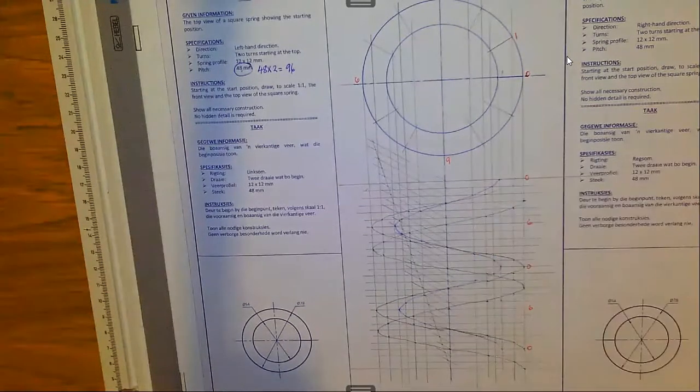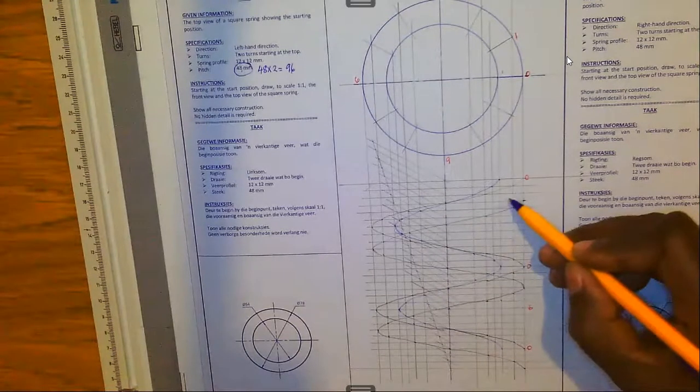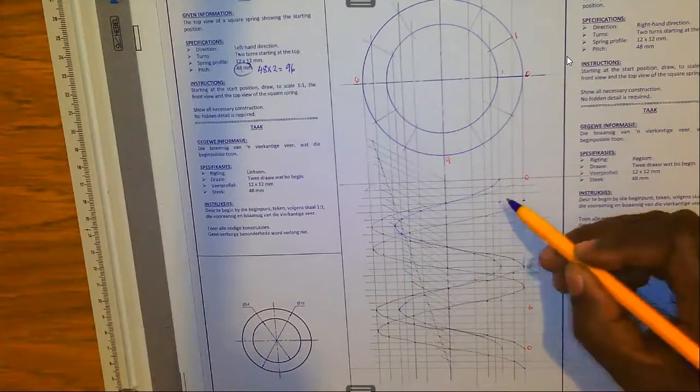There you go. Okay, right, so that is the smaller one, which is attached to the shaft or the presumed shaft because it's not there.